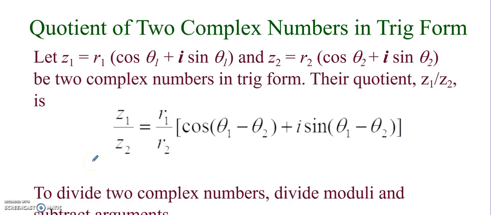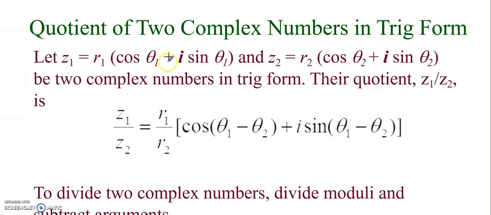Next thing is division of complex numbers in trig form. So again, this is another operation that is actually a little bit easier to do in trig form than it is in standard form. Remember that the division of complex numbers in standard form requires us to multiply the numerator and denominator by the conjugate of the denominator.